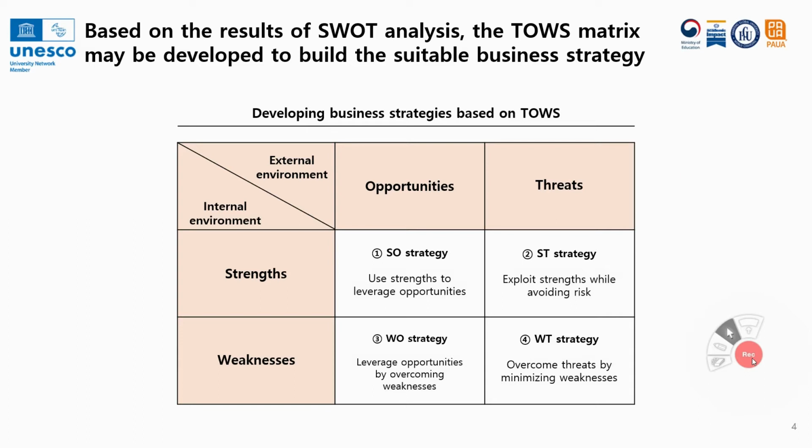Out of those 4 factors we identified in SWOT analysis, we combine 2 factors from internal and external environments, and by mixing those 2 elements, we can create 4 different strategies in the TOWS matrix.